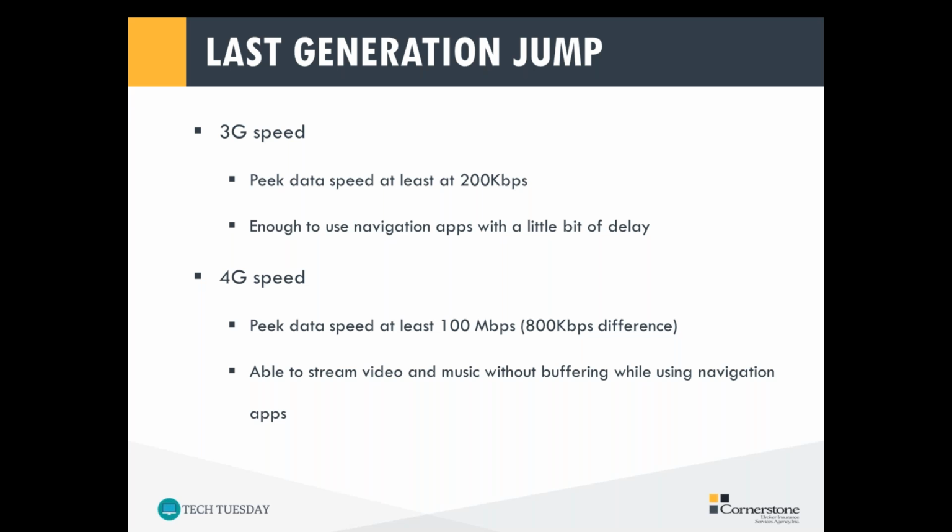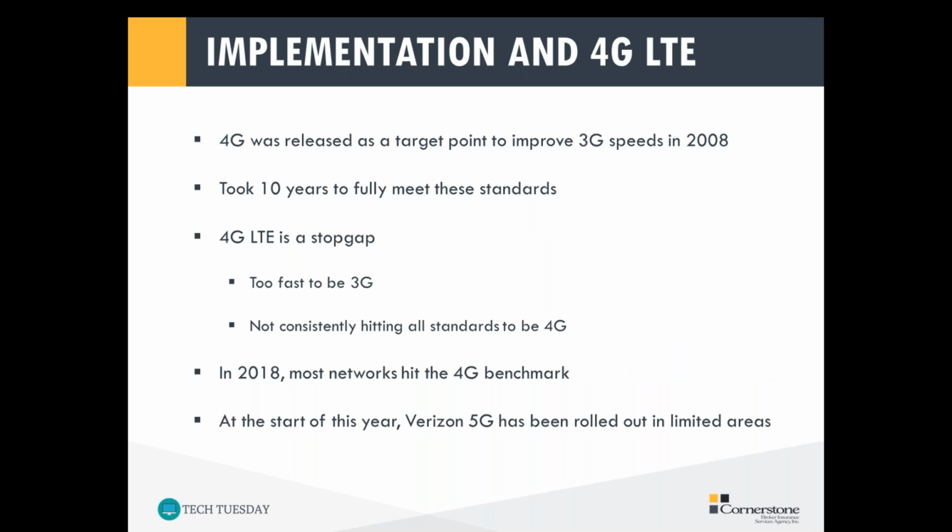The difference in speed means that you're able to stream video and music without buffering while also using other apps, including navigational apps. And this is a very difficult challenge to meet using current wireless networking technology. So, like I said, it was released in 2008 to improve the 3G standard.